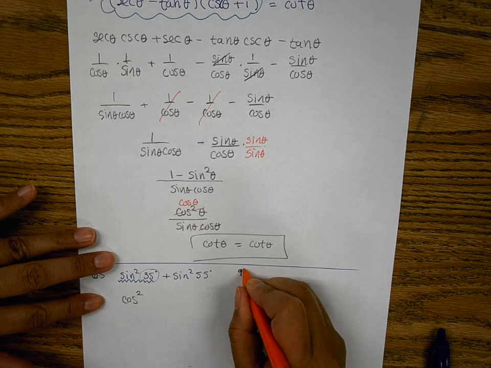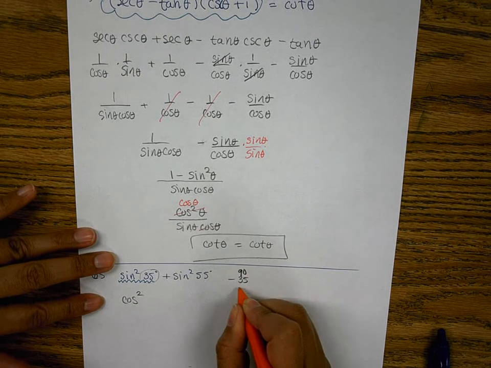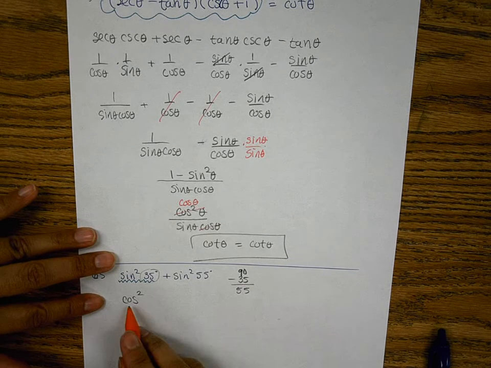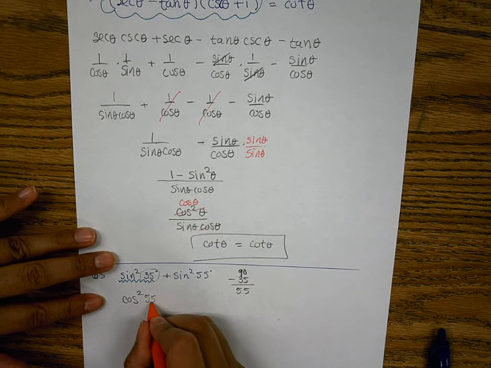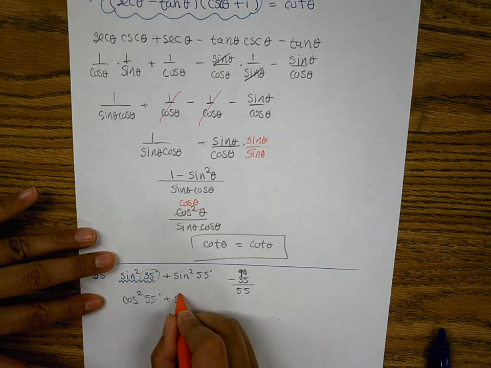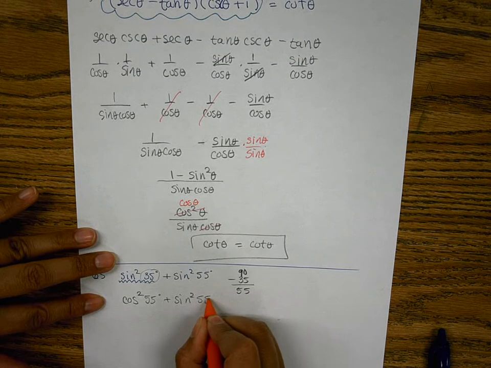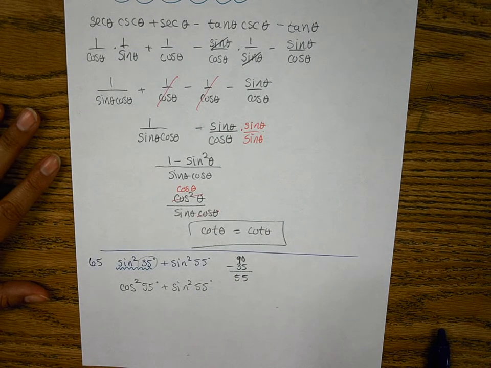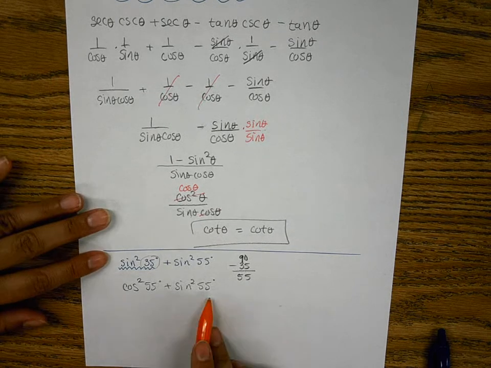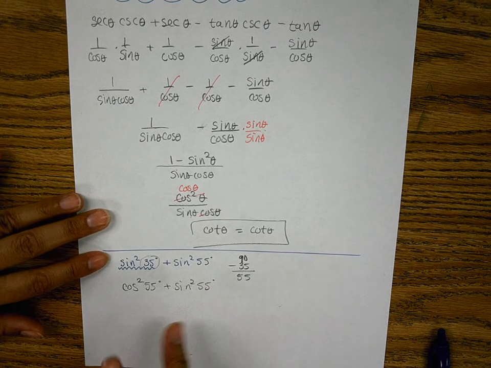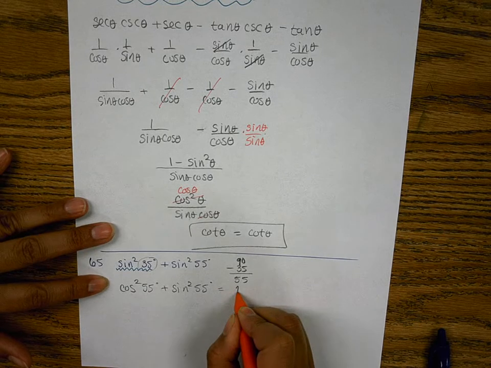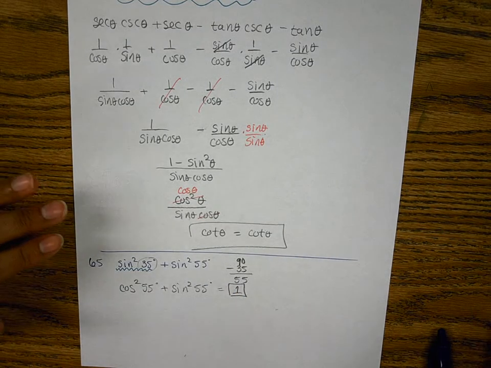You do 90 minus 35. And 90 minus 35 is 55. So you have cosine squared of 55 degrees plus sine squared of 55 degrees. And what is that? That one there is the identity. And it's not negative because when you flip on a positive sign, it's still the same thing. So the final answer is positive 1.